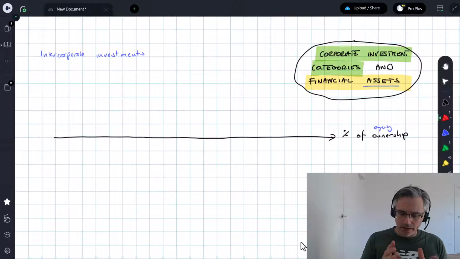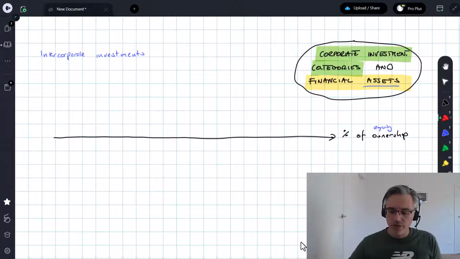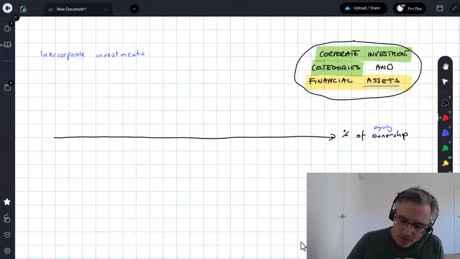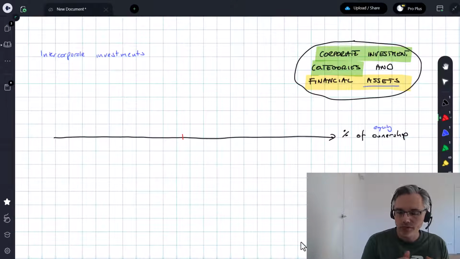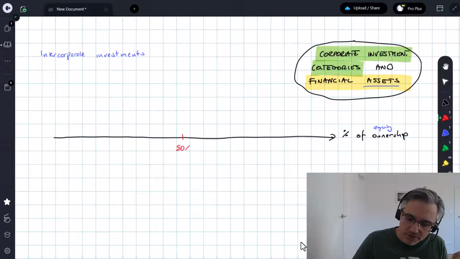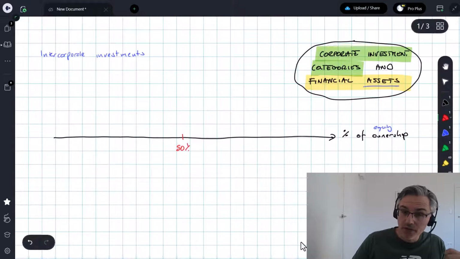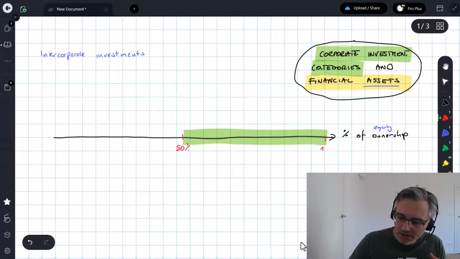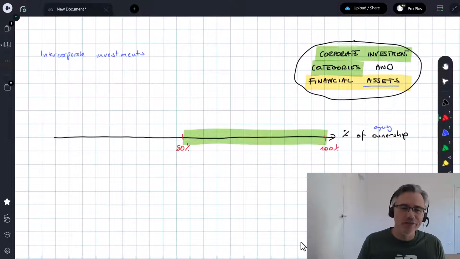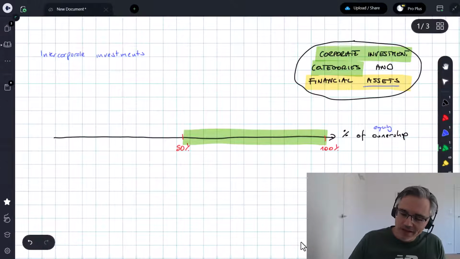It really does depend what percentage of a company's shares you own, because we typically assume that once you cross certain thresholds, the most famous of these being 50%, you start exercising what's known as control. So to the right of 50%, all the way to that ultimate 100% ownership, it is assumed that you exercise control.